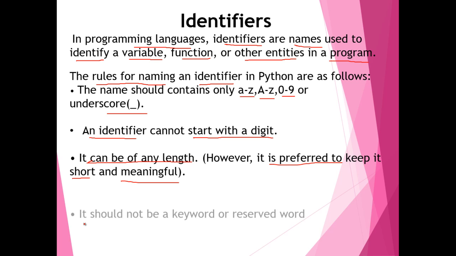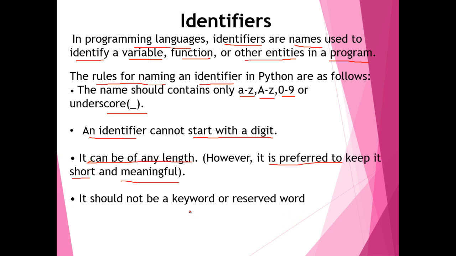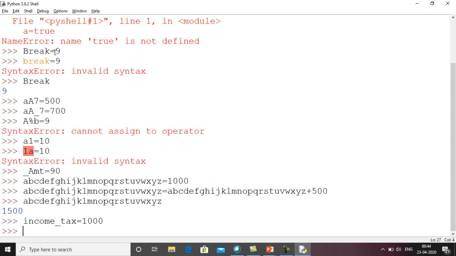Now the next thing is that it should not be a keyword or reserved word. Remember, the identifier name should not be a keyword. As you can see in our example which we have written over here, we write break is equal to 9. In this case, we have written all the characters of break in small letters.